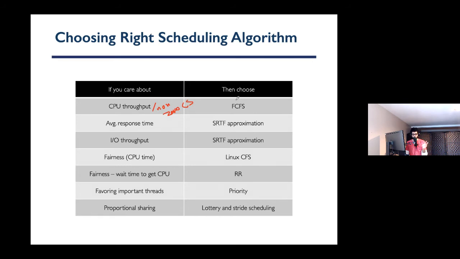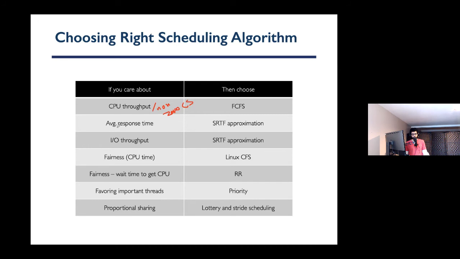It only context switches once one task is done, and it context switches to the next task. So the number of context switches is minimum compared to all the other ones, like round robin or SRTF, shortest remaining time first. So this basically gives you the best throughput if you have non-zero context switching.